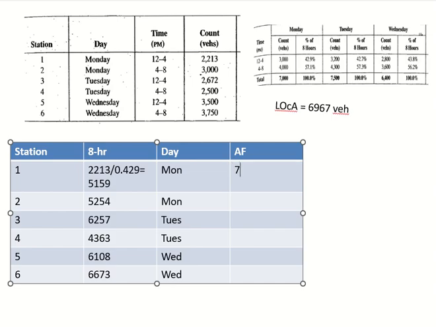How much do I get? Approximately 1. 1.004.